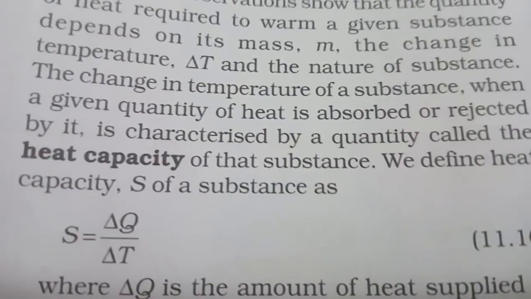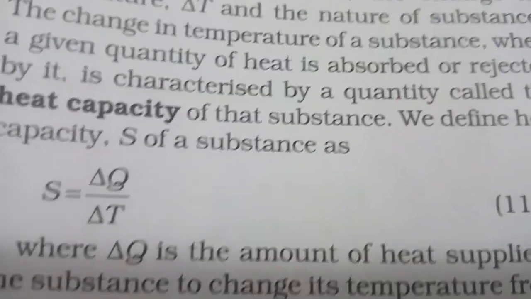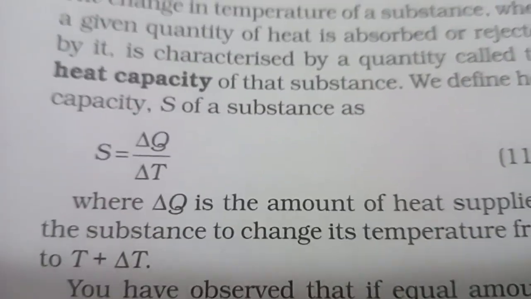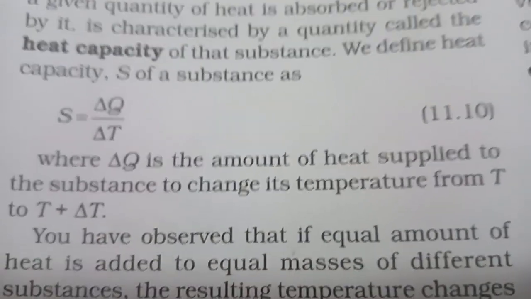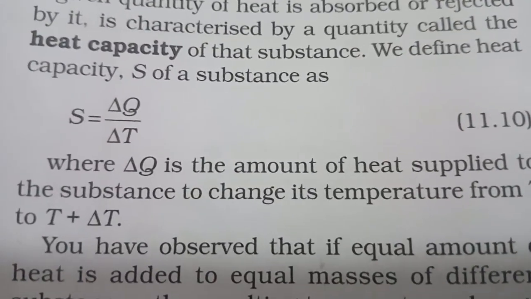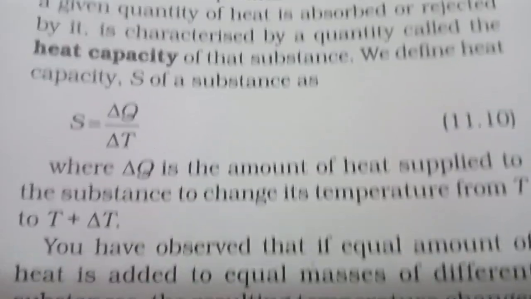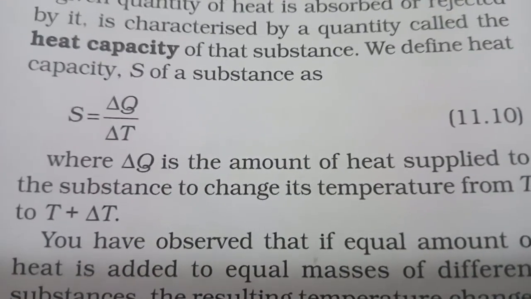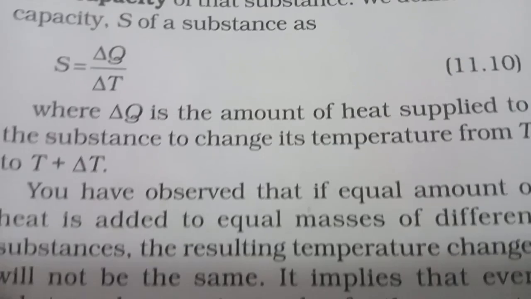We define heat capacity of a substance as S equal to delta Q upon delta T, where delta Q is the amount of heat supplied to the substance to change its temperature from T to T plus delta T, है ना.